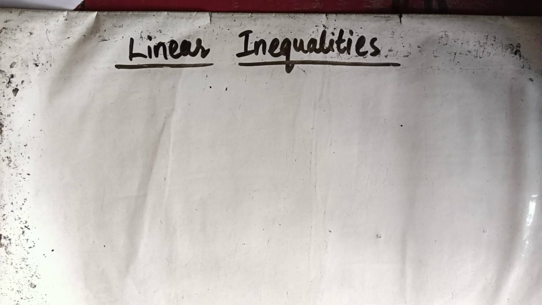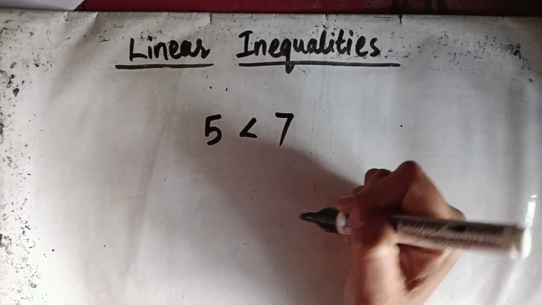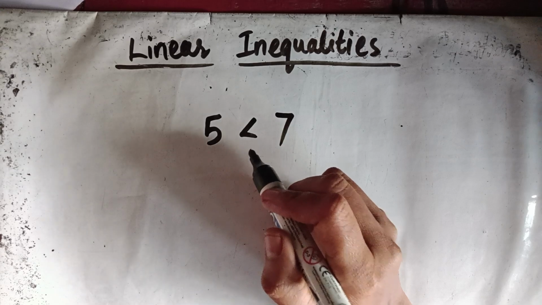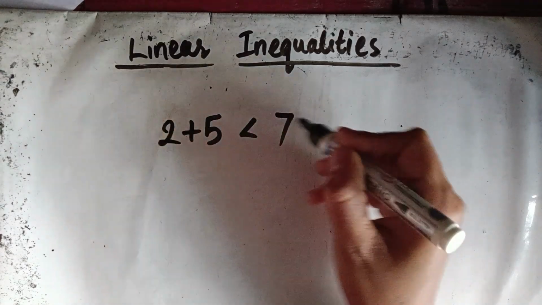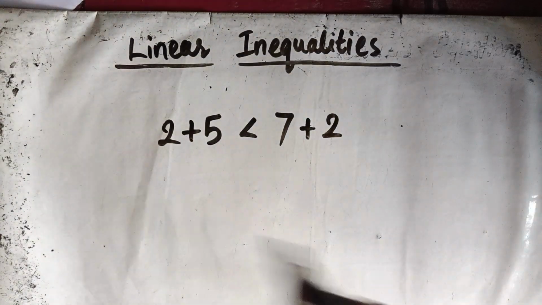Equal numbers may be added or subtracted from both sides of the inequality. Suppose we have 5 is less than 7, correct? So we can add 2 here and here also. We have to add to both the sides or subtract from both the sides.